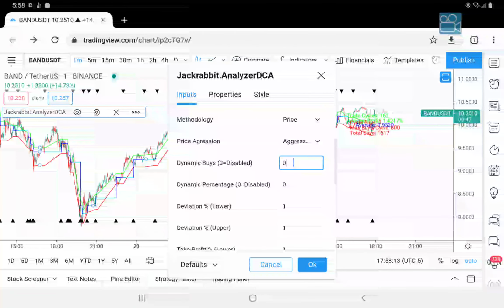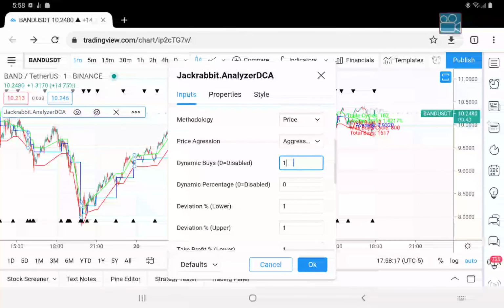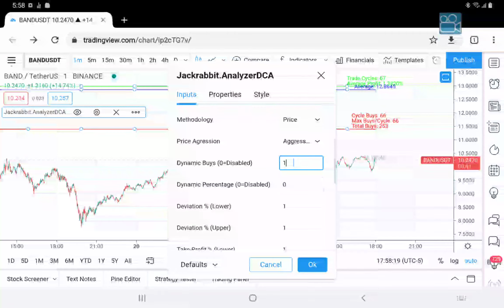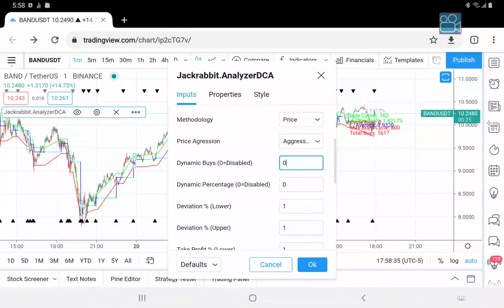If you change these, then it changes. And it drastically switches between aggressive and defensive automatically. You don't need to explicitly turn that feature on. So let's set this back to default.